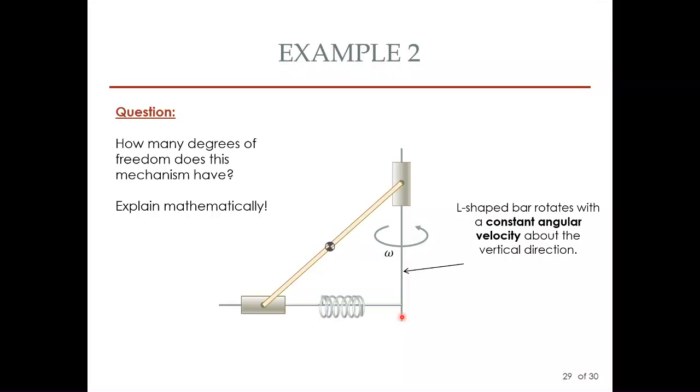Is it clear? Not so clear? Maybe if you think of these as two links, just this mechanism, yeah? If this is only a revolute joint and this is only a revolute joint, normally it would have 2 degrees of freedom.